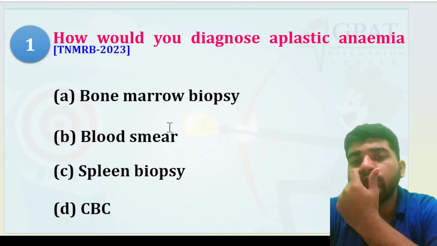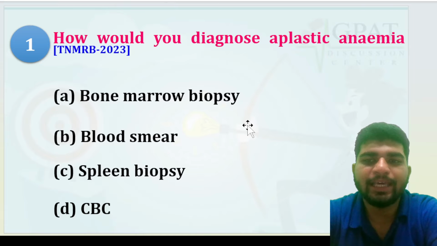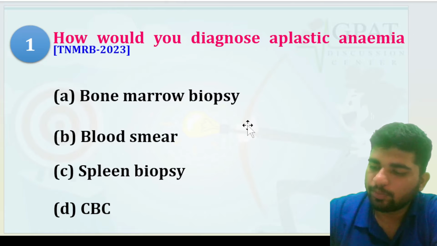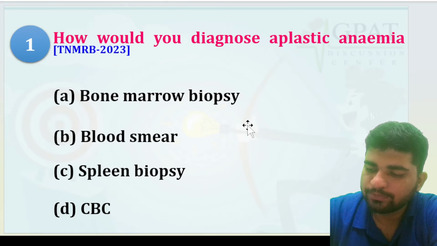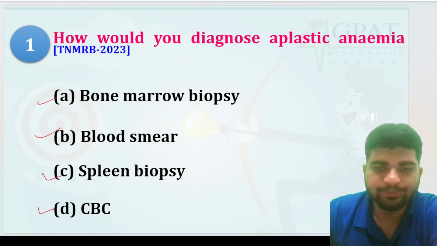How would you diagnose aplastic anemia, which was asked in TNMRB 2023? Is it bone marrow biopsy, blood smear, spleen biopsy, or CBC?